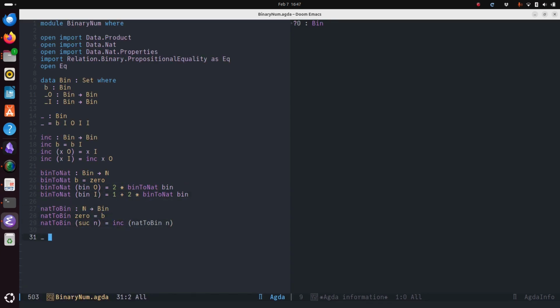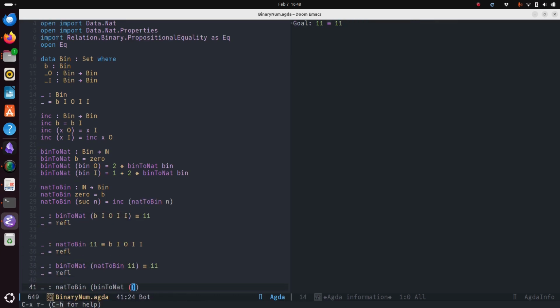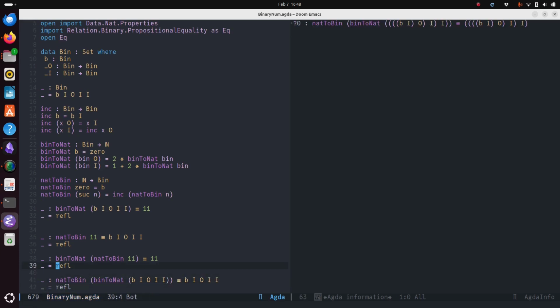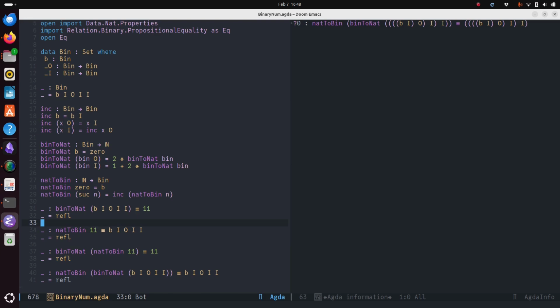Now we can do a few tests here. Right. However, we have a problem with our data type. Our data type allows us to have leading zeros. In a sense, I can have something like this, which is still the same, right?